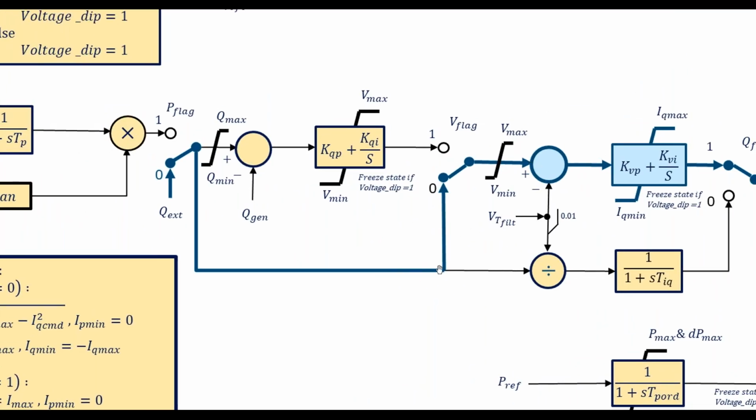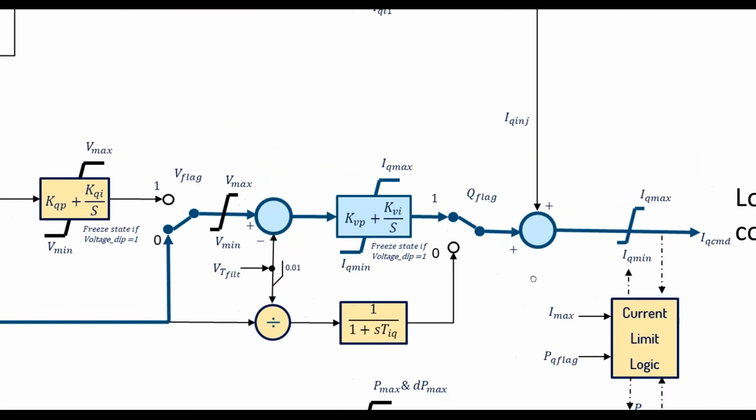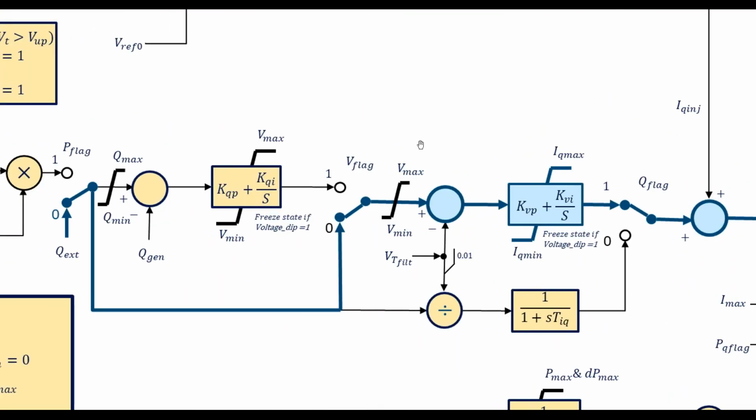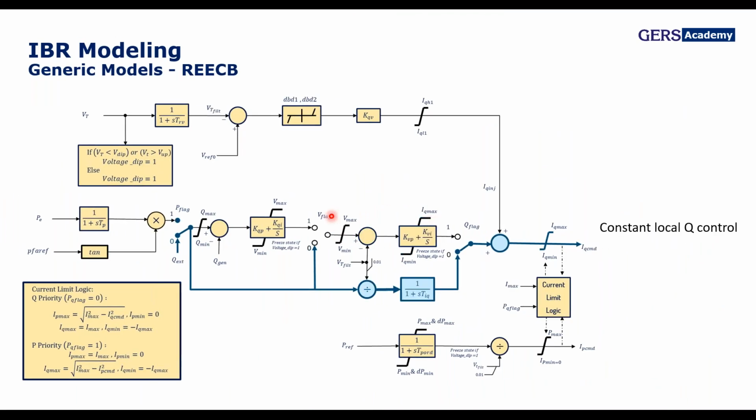So you go back and initialize the control initial point for this value here. Depending on how you initialize your control and which loop you select, you will follow a voltage strategy, if this is the case, or a reactive power strategy, that is shown here, that uses the reactive current command.